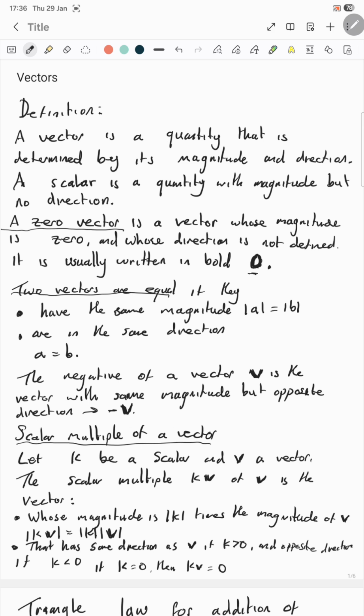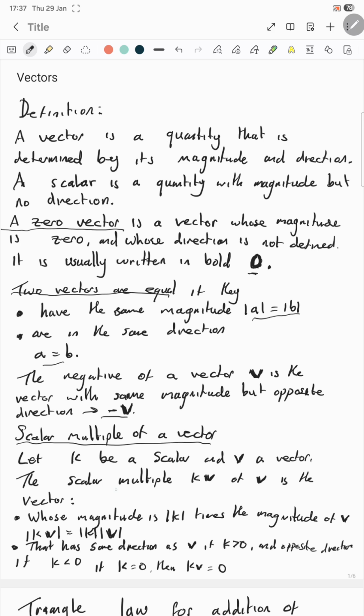Now, two vectors are equal if they have the same magnitude, |A| equals |B|, and the same direction. The negative of a vector V is the vector with the same magnitude but opposite direction.